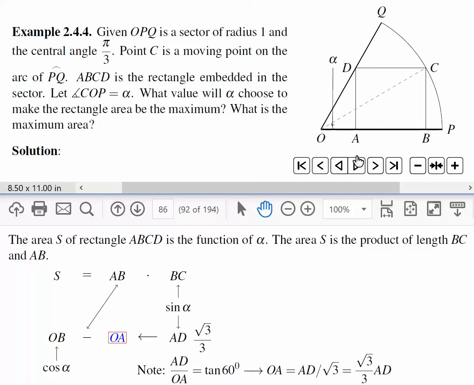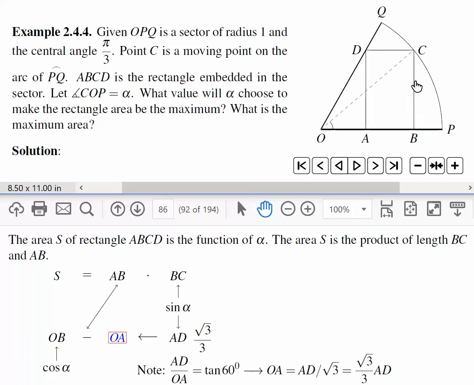Now, let's see how we are going to find this area. The formula for this rectangle area is AB times BC. Again, C has x-coordinate OB, y-coordinate BC.